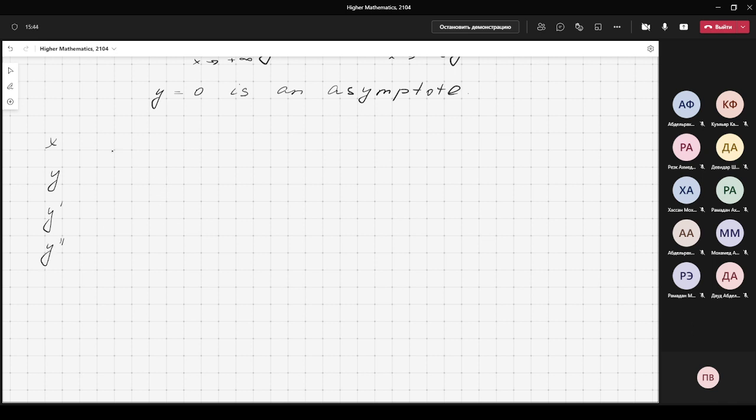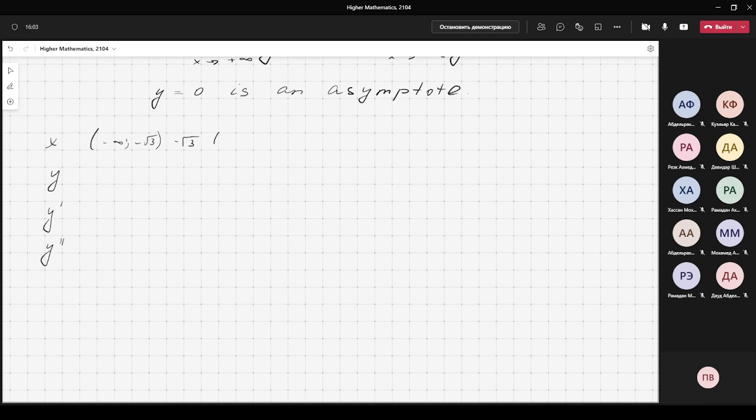X we will have from minus infinity to minus square root of 3, then the point minus square root of 3, we consider only 1.